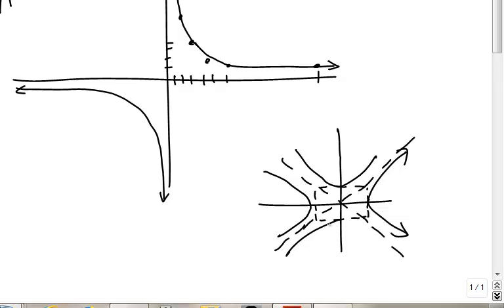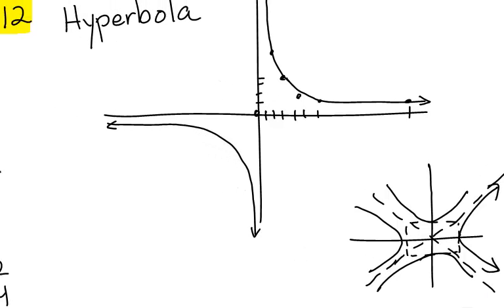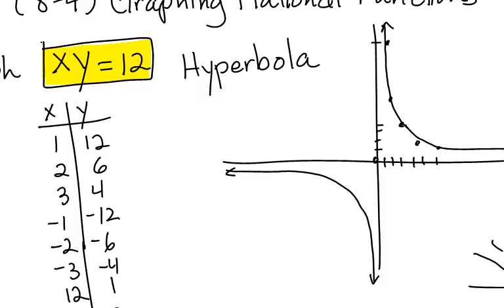But on this one, the center point is at 0, 0. And this is a little bit different equation. The other hyperbola equation was like x squared over a squared minus y squared over b squared equals 1. Remember that?